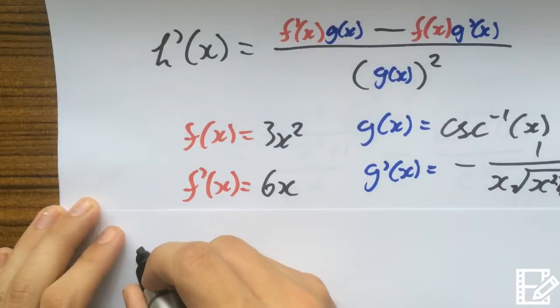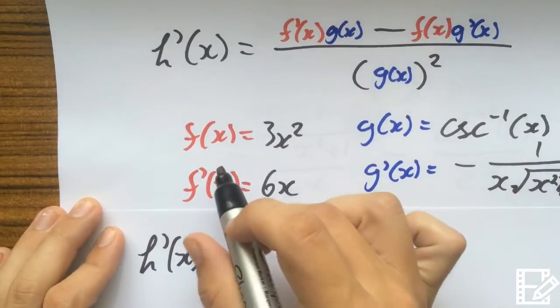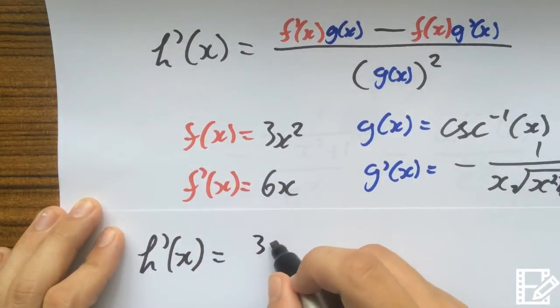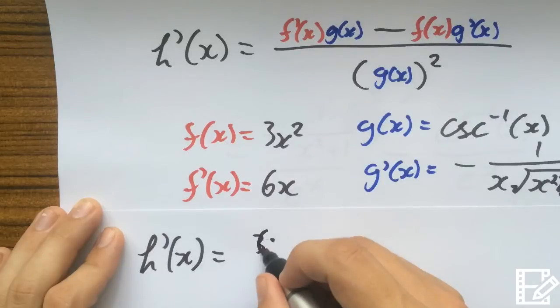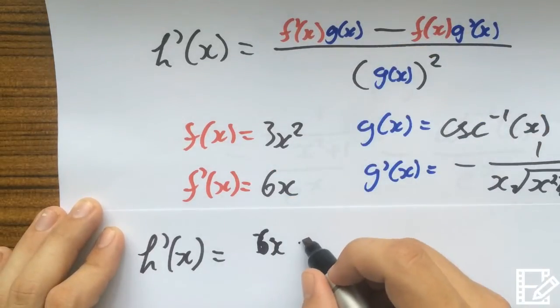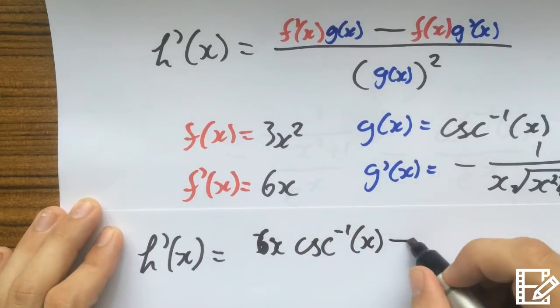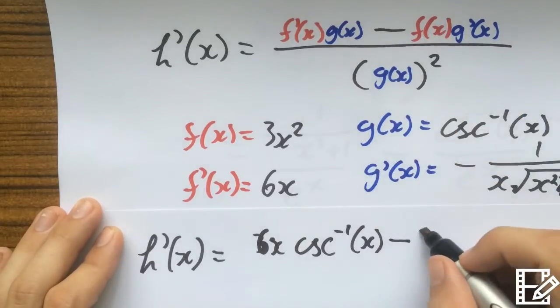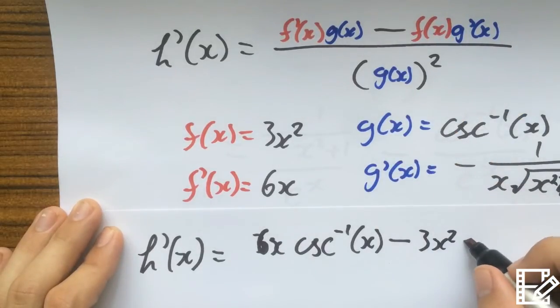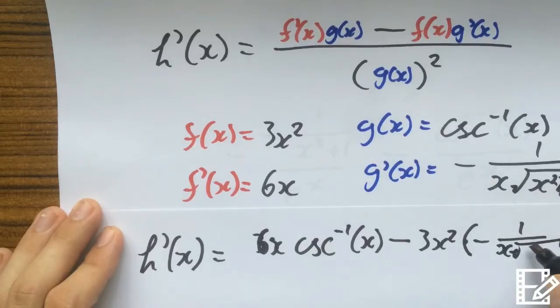Solve the question. So, the derivative of h(x) equals the derivative of f(x), which is 6x here, multiplied by g(x), which is the inverse of cosec x, minus f(x), which is 3x squared, multiplied by the derivative of g(x), which is negative 1 over x square root of x squared minus 1.